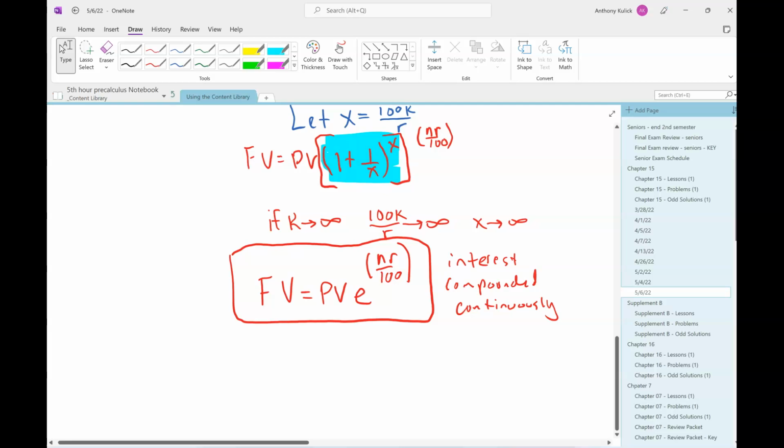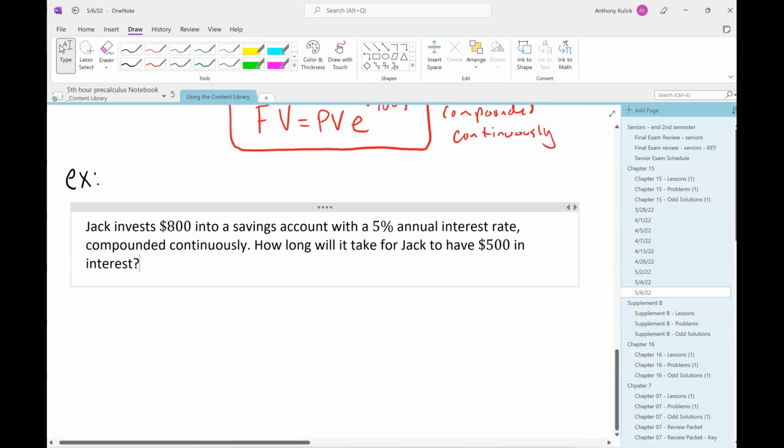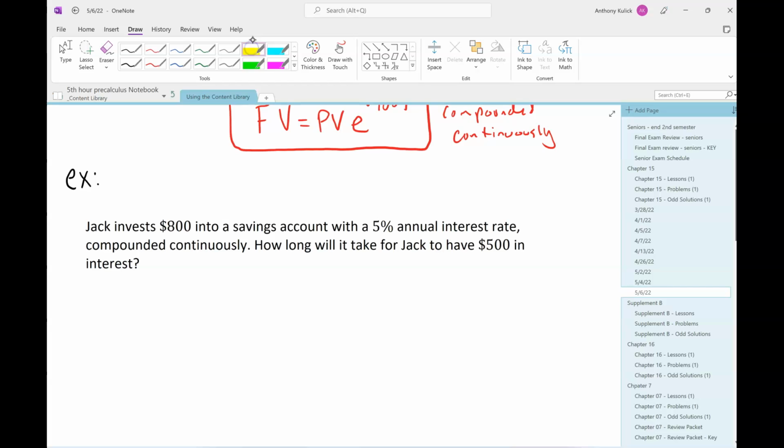We're okay just writing the letters if it's all the same things. Okay. Let's run through a quickie example. So here we have that Jack invests $800 into a savings account with a 5% annual interest rate compounded continuously.